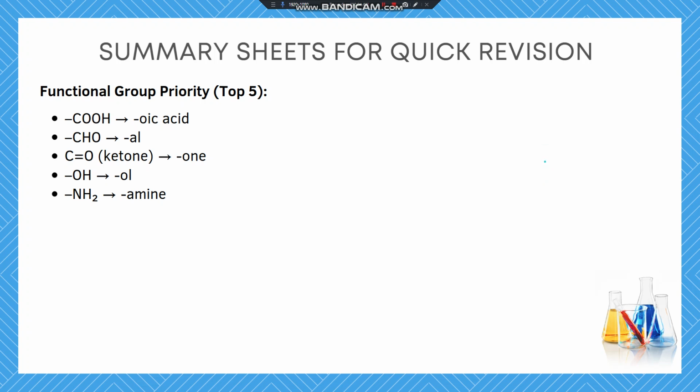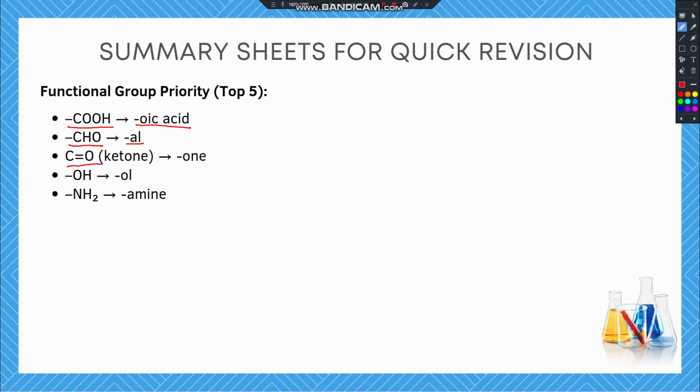All right, so now here is a rundown of the top priority functional groups. We have the first one to be carboxylic acid, COOH, and the suffix is oic acid. Whenever you have it in a compound, the suffix of that compound becomes oic acid. The next one we have is the aldehyde functional group, CHO, and the suffix is al.